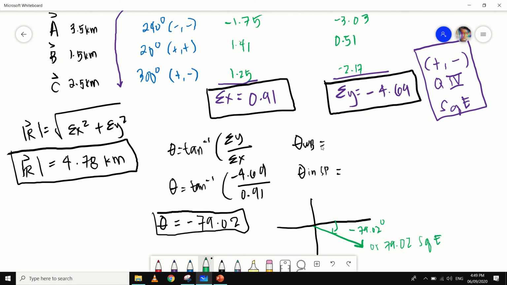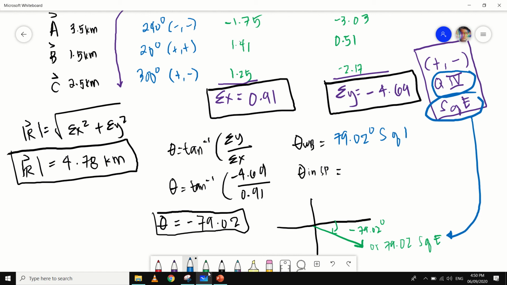Okay? So let's check, do we still need to use a vertical angle in this case? No, because it is already in the fourth quadrant, south of east is what we expected, and the angle agrees. So the angle with bearing becomes 79.02 degrees south of east. Okay? So that's your angle with bearing.